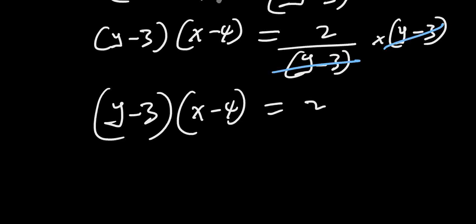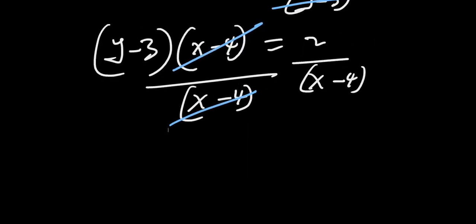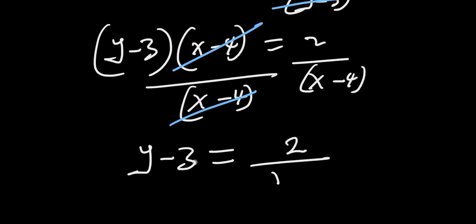Now we can divide both sides by x minus 4. So x minus 4 is going to cancel x minus 4 from here, and that will become y minus 3 equal to 2 over x minus 4.